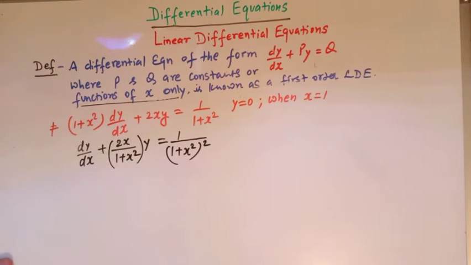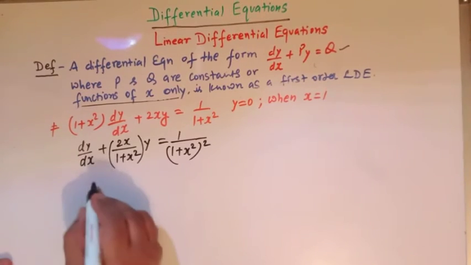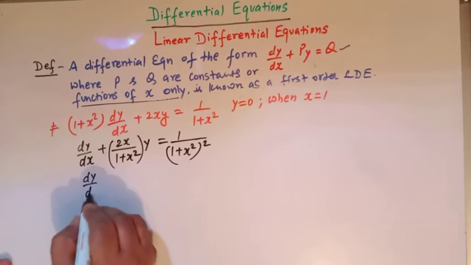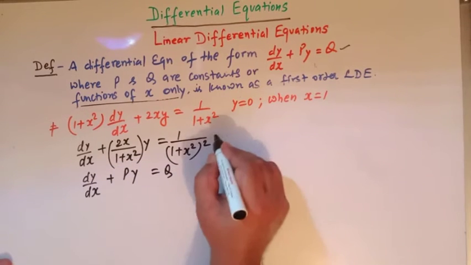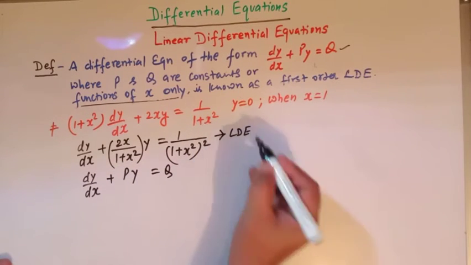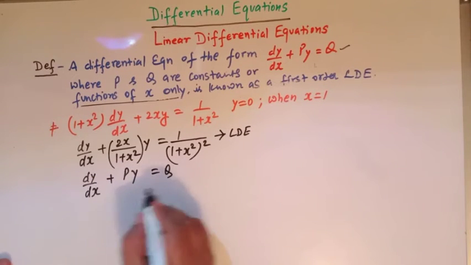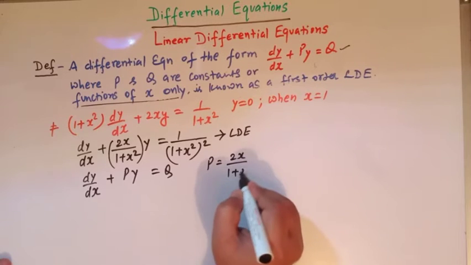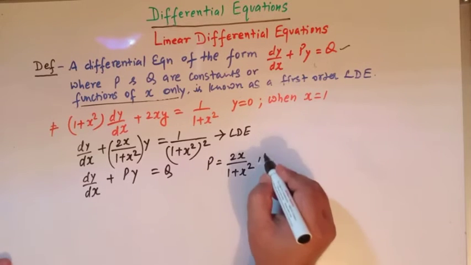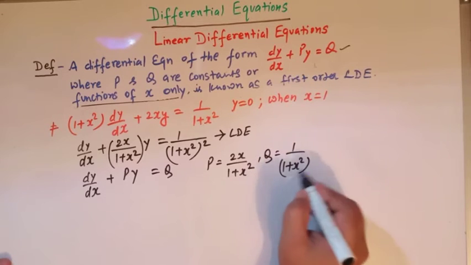Clear? Now viewers, this equation is of this type. Clear? So we have dy over dx plus py is equal to q. So this is a linear differential equation of first order of this type, where p is 2x over 1 plus x square, and q is 1 over 1 plus x square whole square.